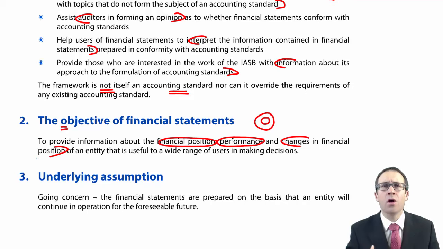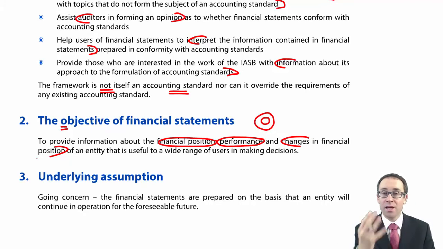What about the assets? What about the liabilities? So it's not the statement of changes in equity, but the statement of cash flows. Remember that's imperative, that the statement of cash flows gives you information about the changes in financial position. Okay, so that's the objective. We need to have information about the position, performance, and changes in position.